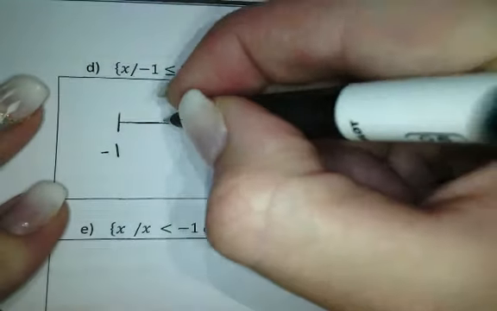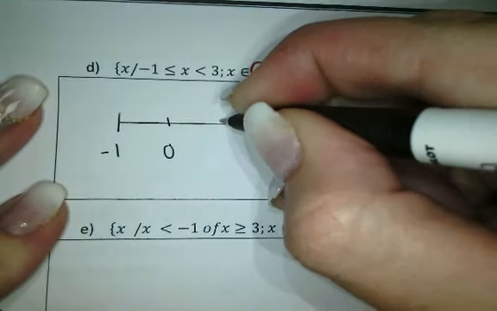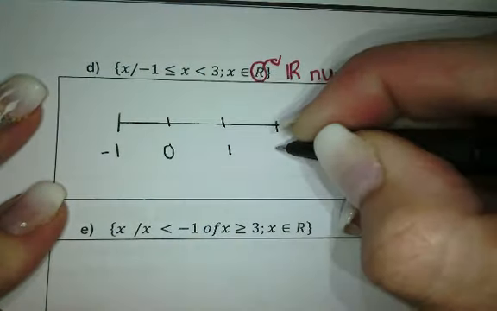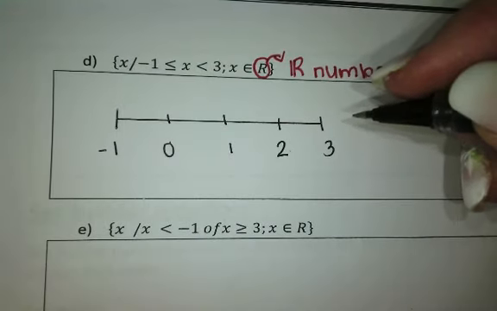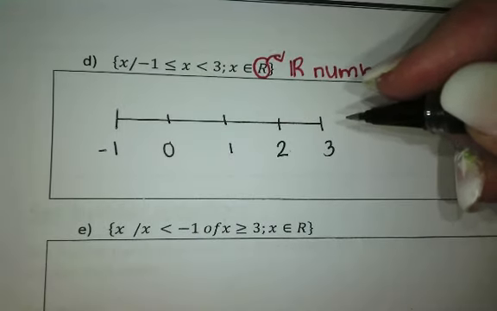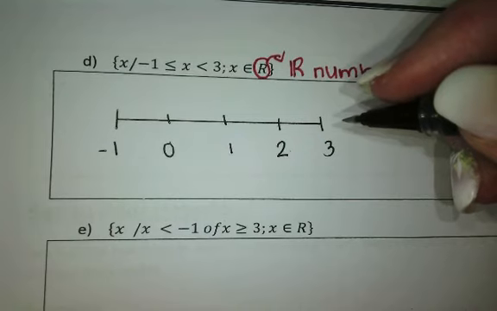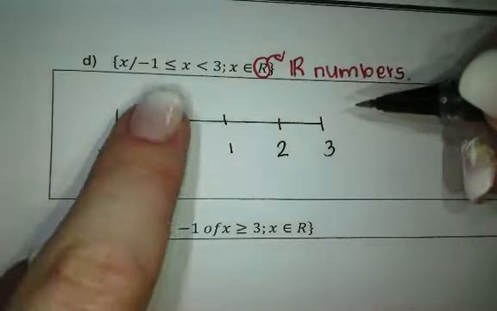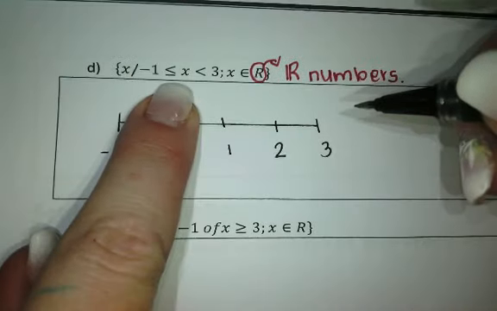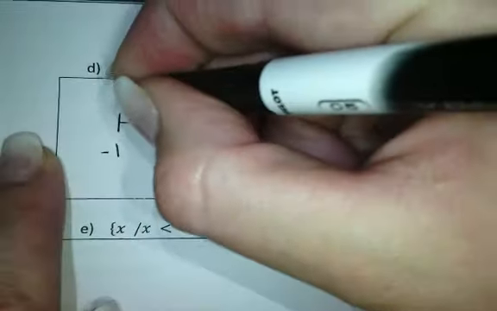Okay, where does our number line start? -1, and it ends at 3, and then everything in between will be included. So previously we had to go and put a dot on every single number. But because this is indicating that it's a real number, what dot will we have on -1?